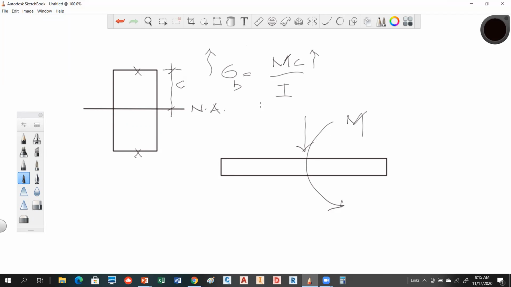So if I've got a situation where my bending stress exceeds the allowable, then I've got a couple of ways I could fix that. How could you fix that if you've got a situation where this is not in compliance? How could we fix that? Look at this equation. If, for instance, you can't change this, if this is fixed, how could we get this number down?